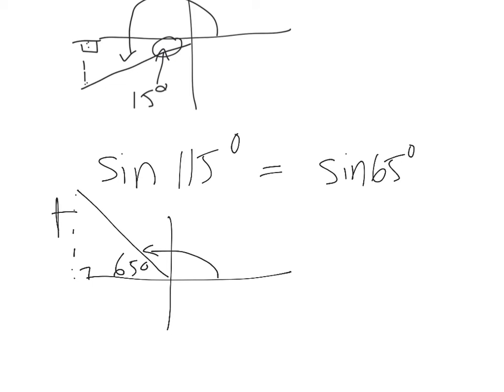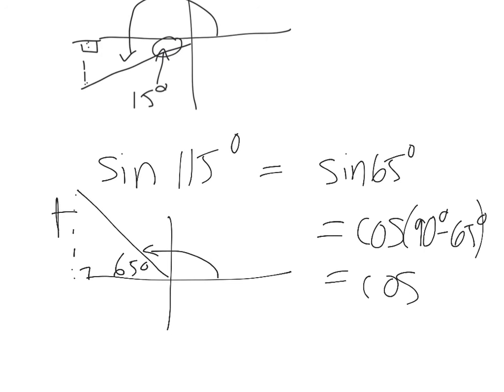Only one problem here. There is no 65 in the table. So in order to do that, I'm going to have to use something else. Remember, there's a relationship between sine and its cofunction, cosine. So this is the same as cosine of 90 minus 65, or in other words, cosine of 25 degrees.